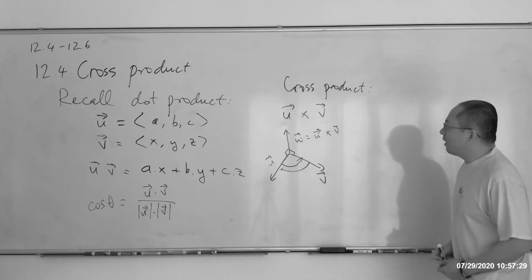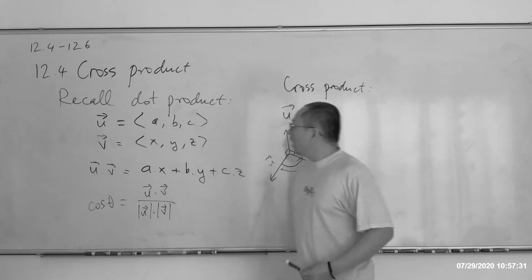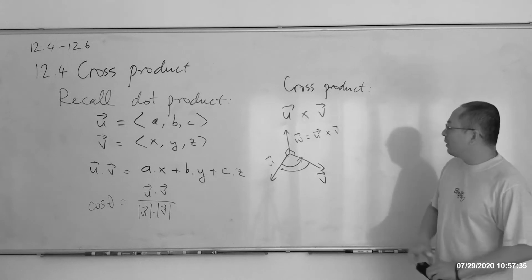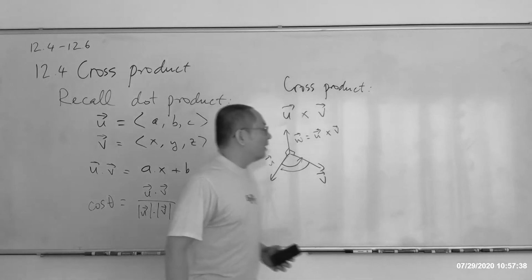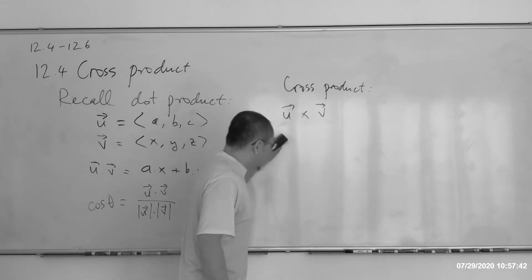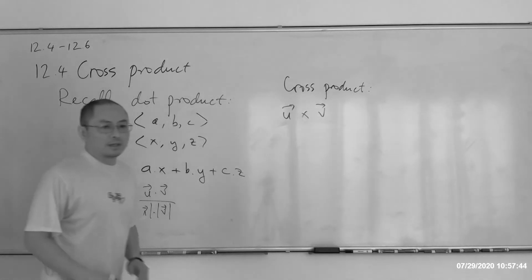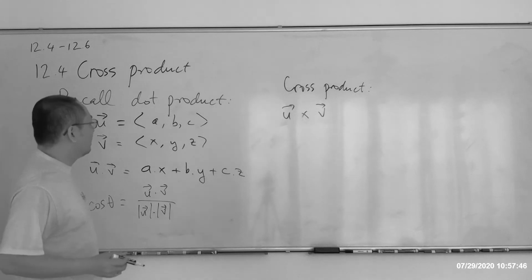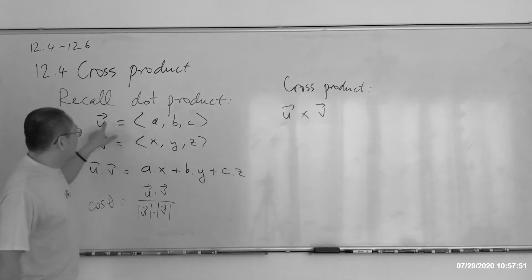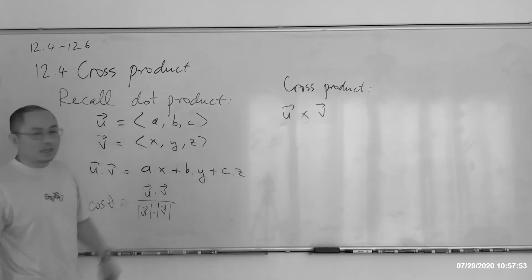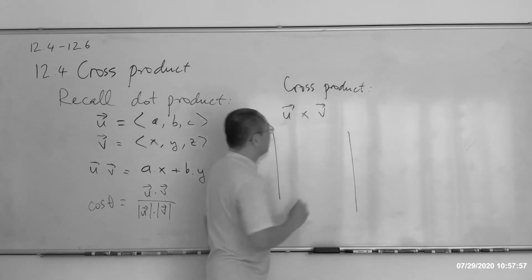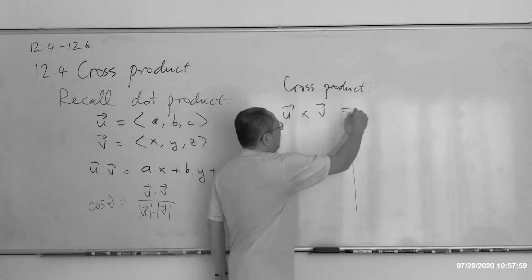Now let's talk about calculation. You got U cross V, right? So this is how we define it. But before we define it, let's recall something about matrices and the determinant of a matrix. It will be easier for us to write it down. But I'm going to use the same numbers. U is A, B, C, and V is X, Y, Z. Okay? So this is how I usually calculate the cross product of two vectors.